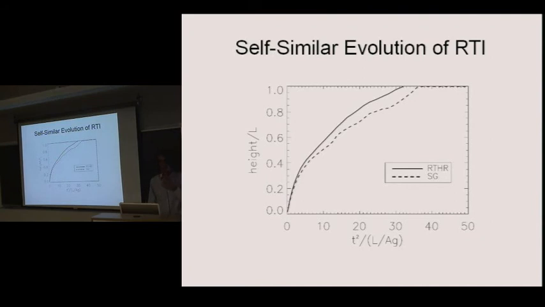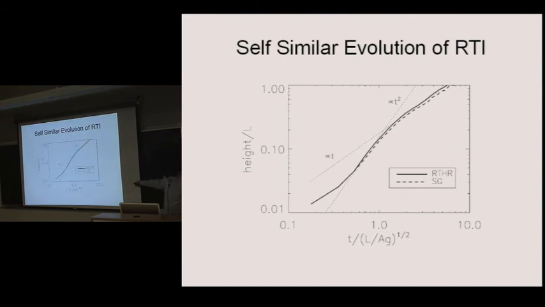What people always do in the literature is make plots like this where you plot the height as a function of T squared. And people say, well, at later times, these lines look fairly horizontal. These are just for two simulations that I did of the Rayleigh-Taylor problem without conduction. However, if you plot this on a log-log plot, you see that although the height might initially increase as T squared, at late times it's actually increasing as T.